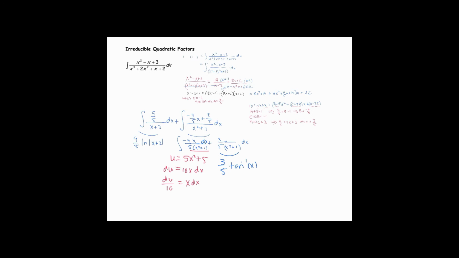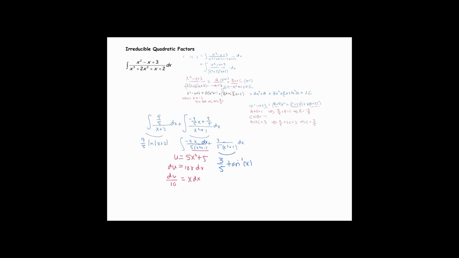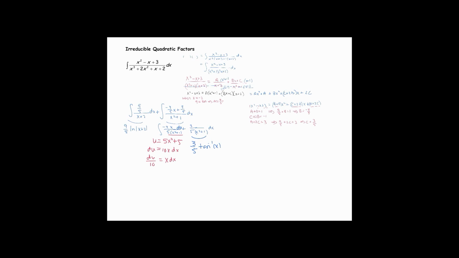So I'll put in du over 10 for my x dx, and then that 4 will interact with that substitution. So that ends up being -4 x dx was du over 10. Put the 10 there, and the du, and the denominator was our u.